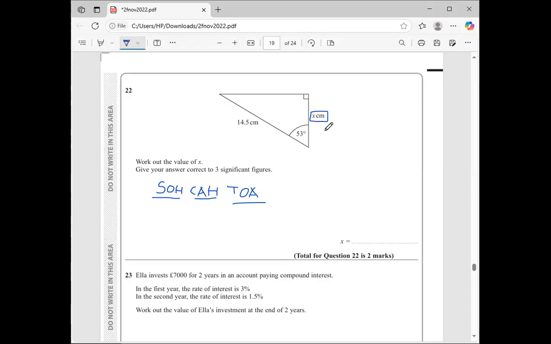Did you hear my question? Hello, Noah. I said, how do we know that X can never be the hypotenuse of this right angle triangle? Can you tell me? Because it's the adjacent.